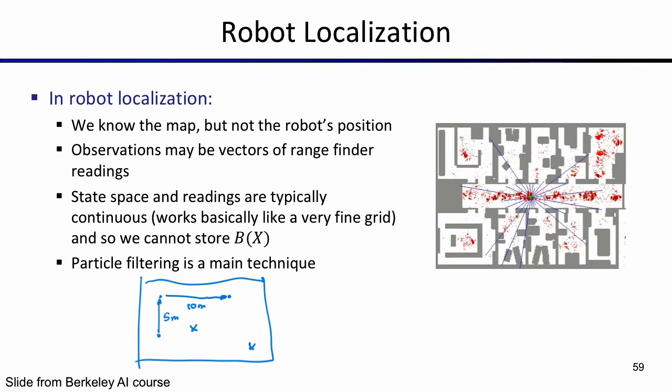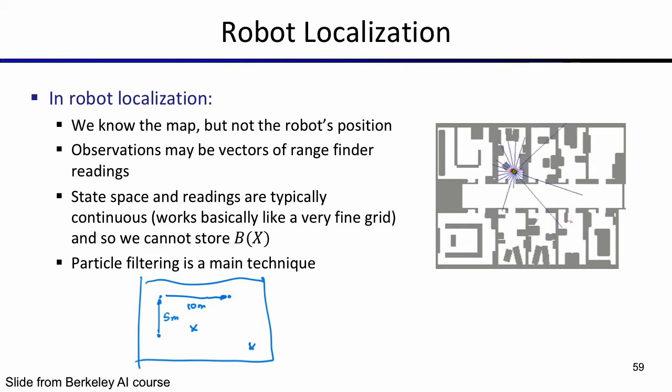So we can see we have many particles in the beginning, and these particles are disposed uniformly over the map. But as the robot starts moving, we can see that the particles start to accumulate in a few points. And now we have basically two positions. They are the most likely ones.